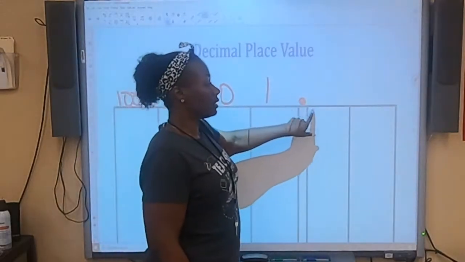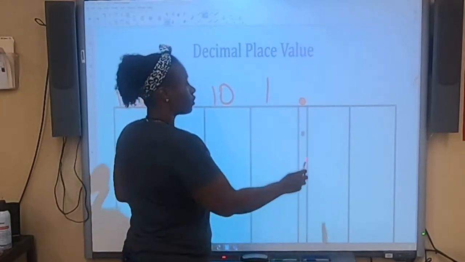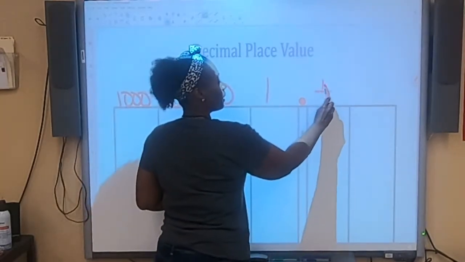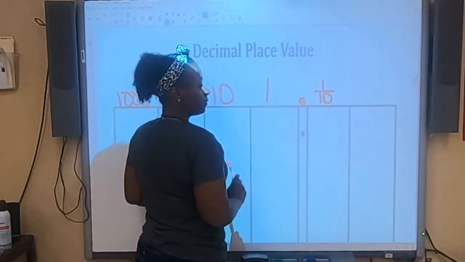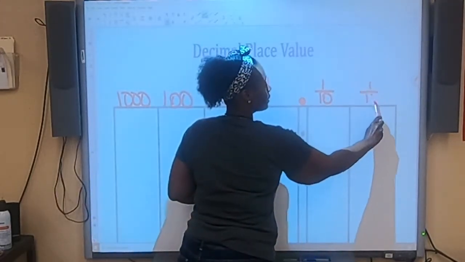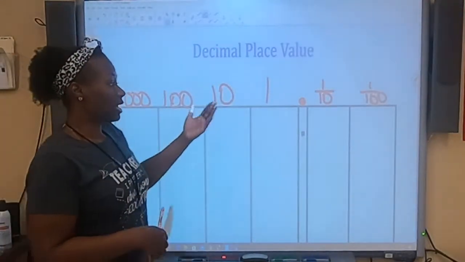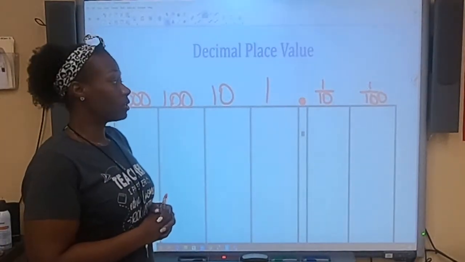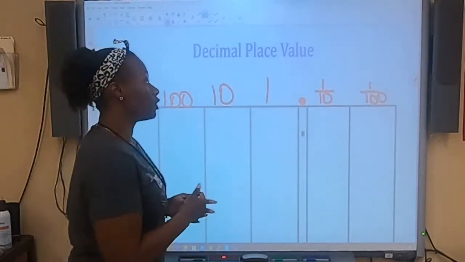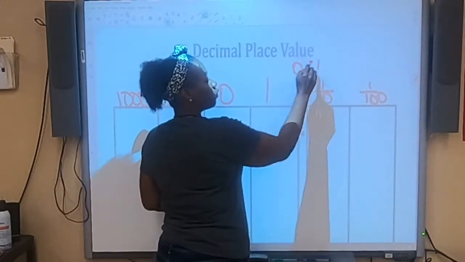Now let's get into the decimal side. The decimal starts with the tenths place. Right behind the tenths place is the hundredths place. Now with the decimal, you'll sometimes see it written in different forms. I started with the fraction form. Tenths is 1/10. But you might also see it in standard form, which would simply be 0.1.